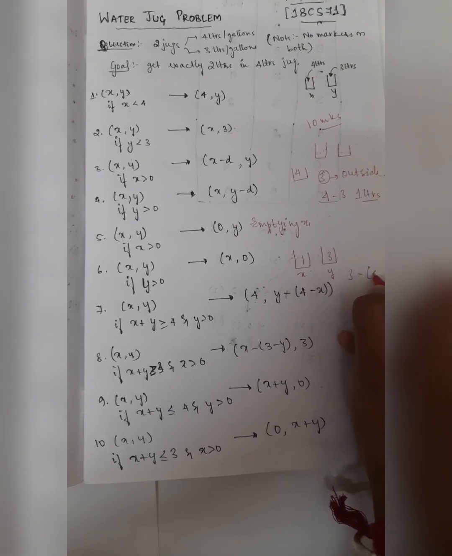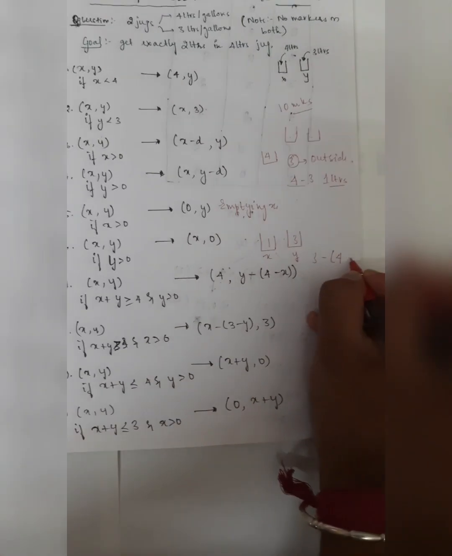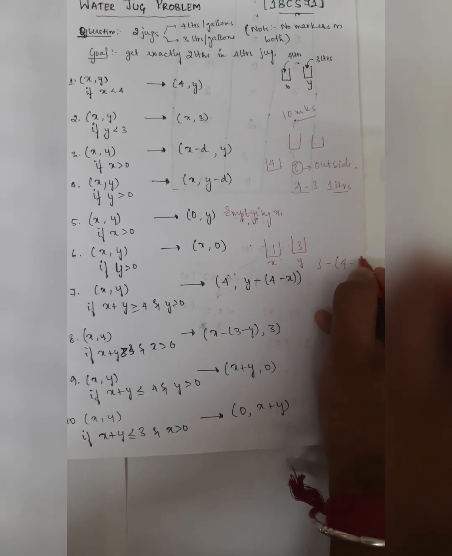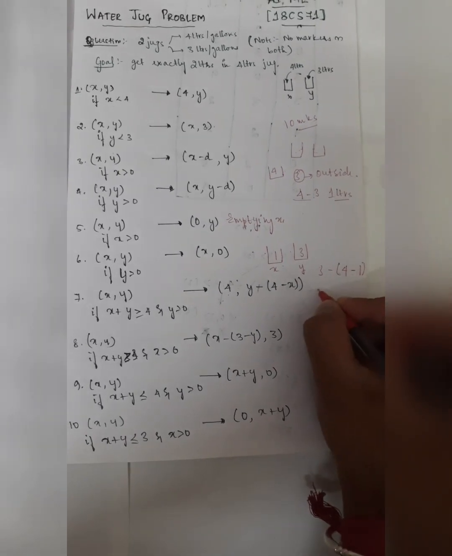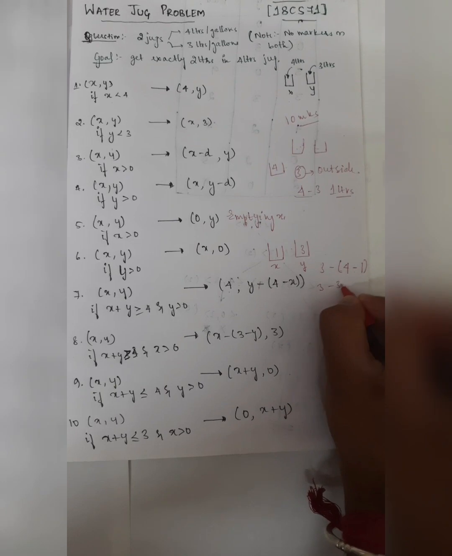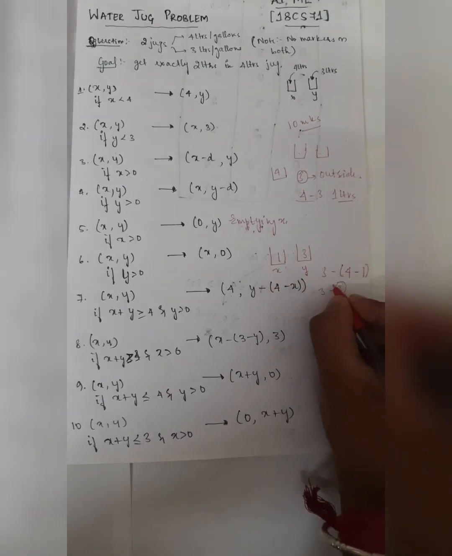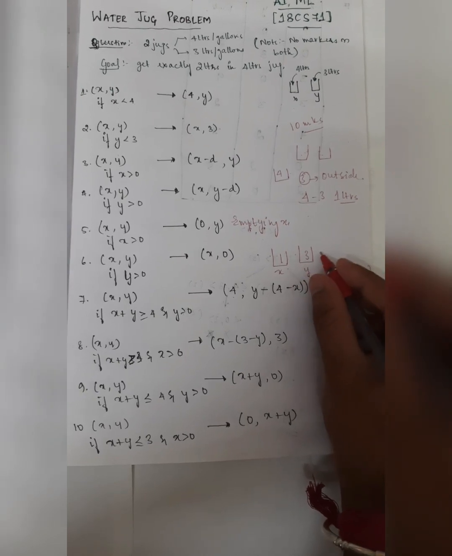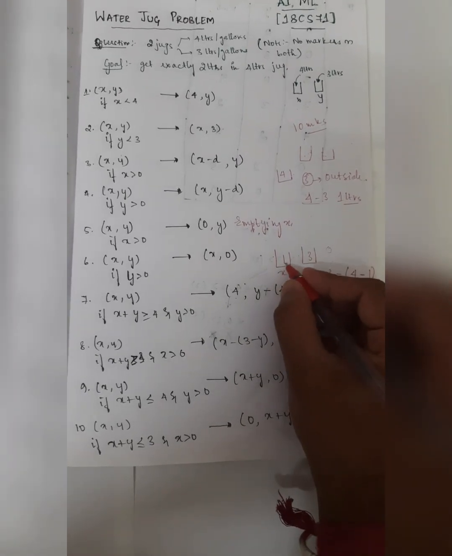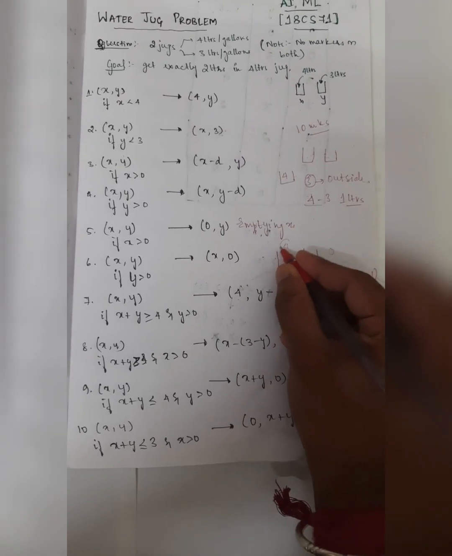Now 4 is the capacity of X, and what is there in X already? 1. So 4 minus 1 is 3. So I can pour the 3 liters entirely into X. That is what they are telling, right? So Y will become 0 and X will become 4, correct?